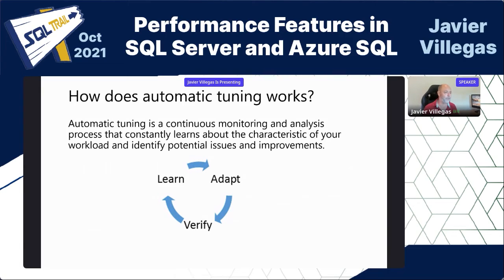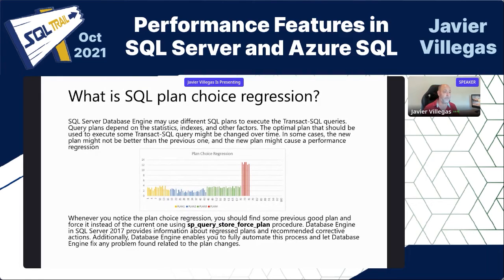So how does this work? Basically, it will be constantly checking the query store repository, adapting the plans, and then verifying if the execution or the runtime is better, right? So here is how it's going to look in terms of a plan regression.